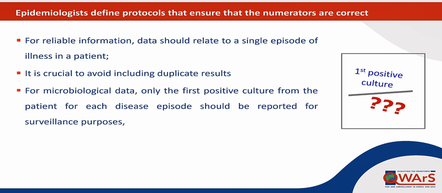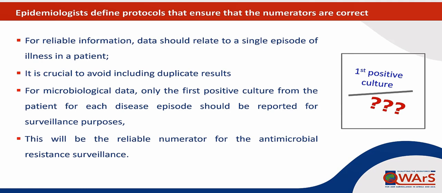For microbiological data, only the first positive culture from the patient for each disease episode should be reported for surveillance purposes, even if several positive cultures are obtained or resistance emerges during treatment. This will be the reliable numerator for the antimicrobial resistance surveillance.